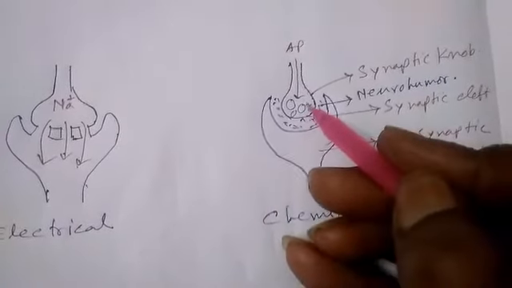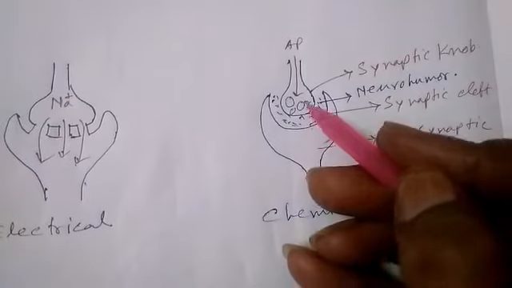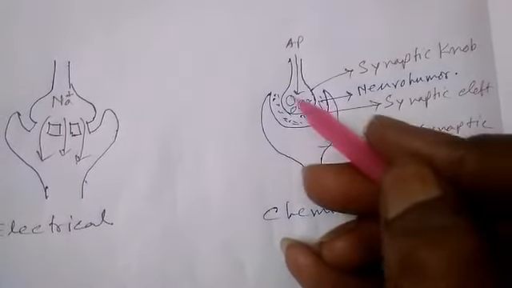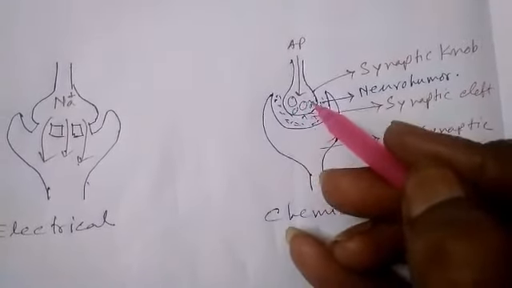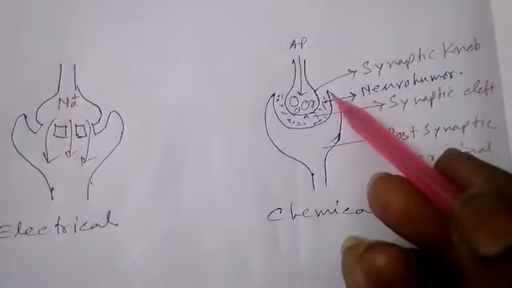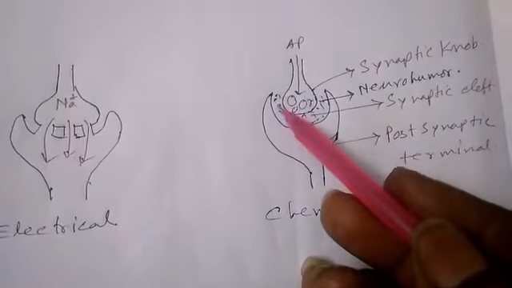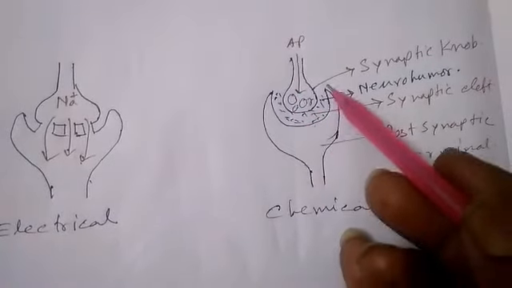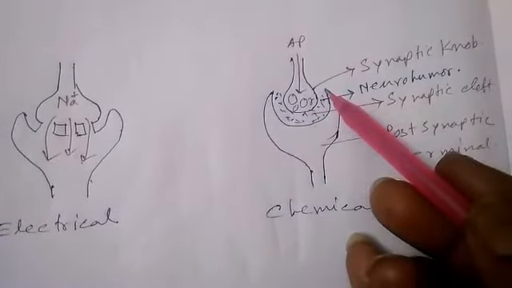These vesicles are known as synaptic vesicles. This synaptic vesicle contains adrenaline, noradrenaline, acetylcholine, etc. This is the postsynaptic terminal, and the synaptic cleft is filled with a fluid-like structure. This fluid is known as neurohumor.